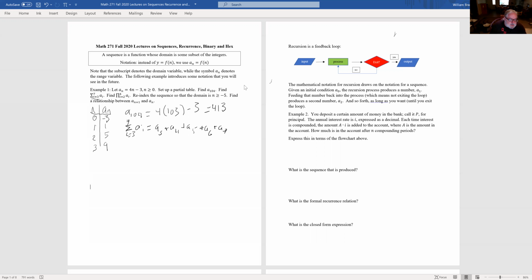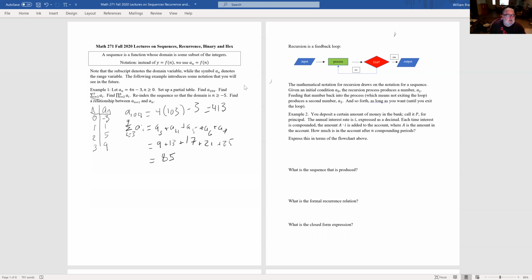So 3 to 7, that means we just want to take the terms from n equals 3 to n equals 7 and add them up. What are these terms? Well, we know a_3 is 9. You can calculate the rest. a_4 is 13, a_5 is 17, a_6 is 21, and a_7 is 25. So we're just adding up those terms, and if you crank out your calculator and add that up, that should be 85. So this symbol here is a sigma, capital sigma.